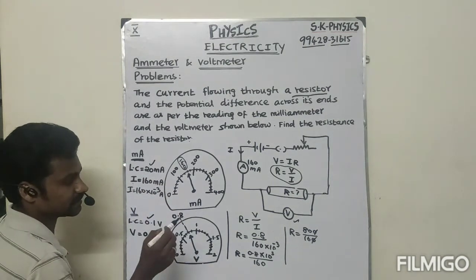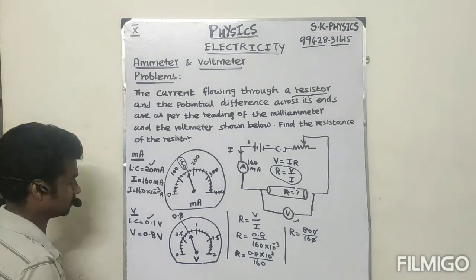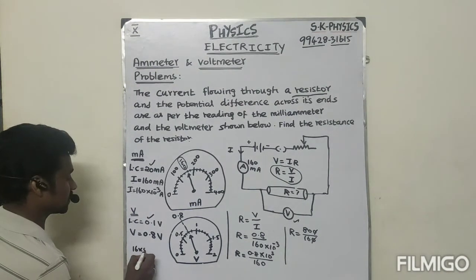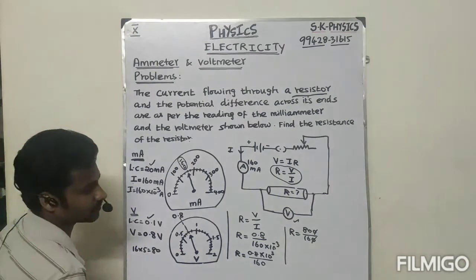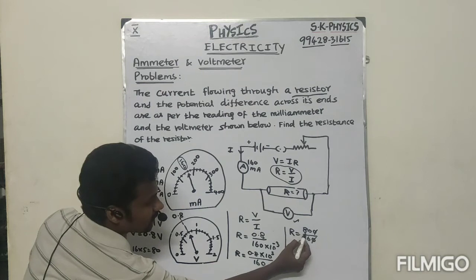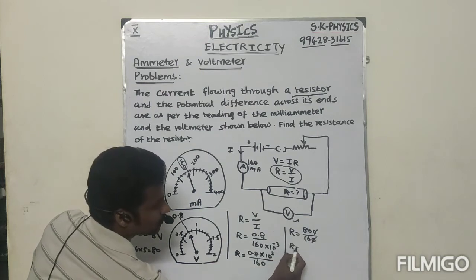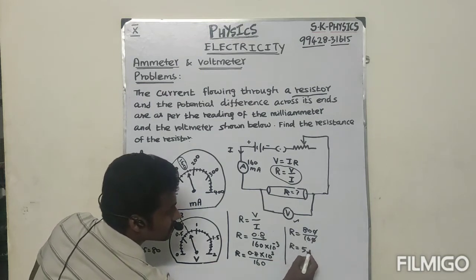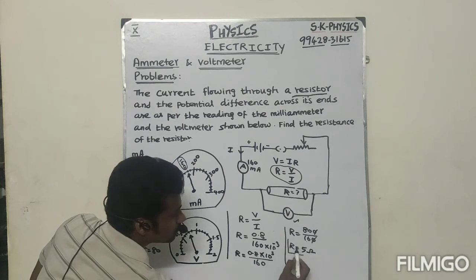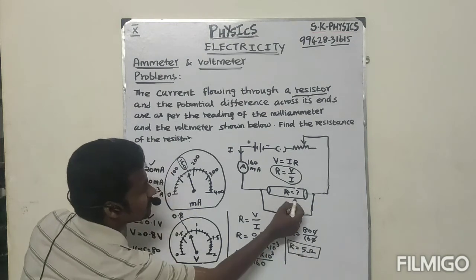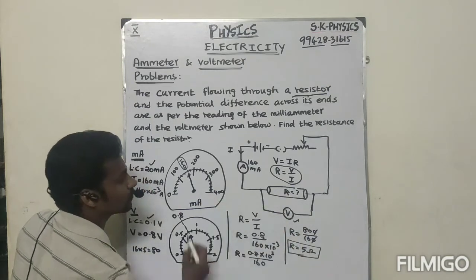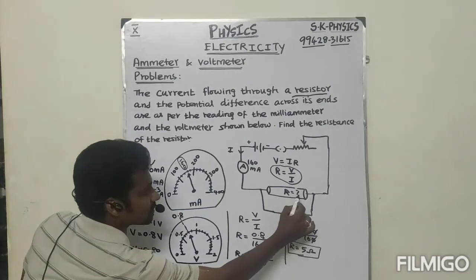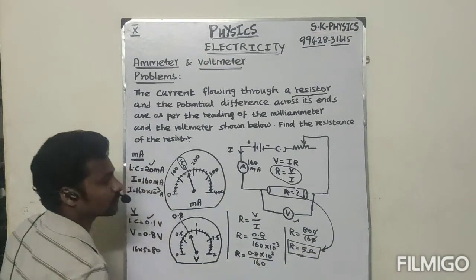Remaining 80 divided by 16. So we know very well, 16 into 5 is 80. So the resistance of the conductor is 5 ohm. Resistance of the conductor, 5 ohm.